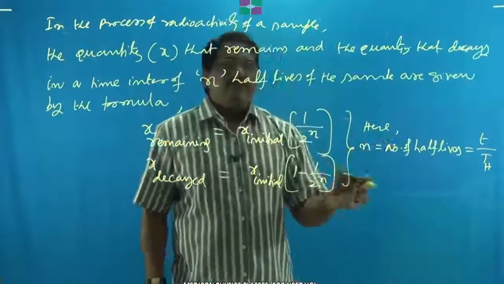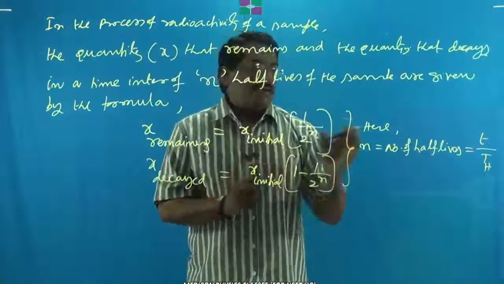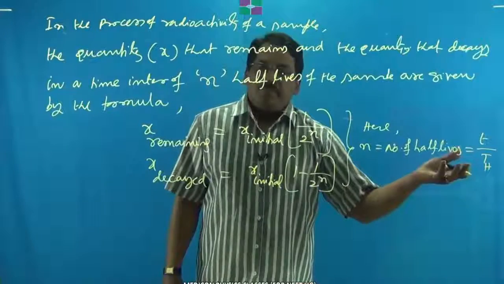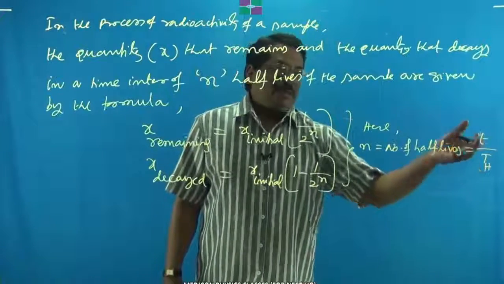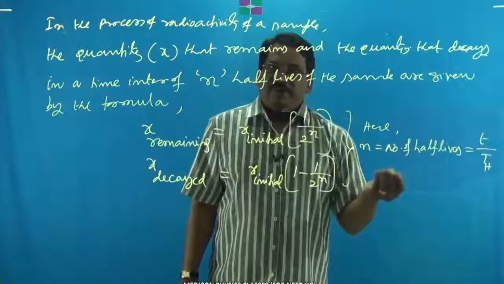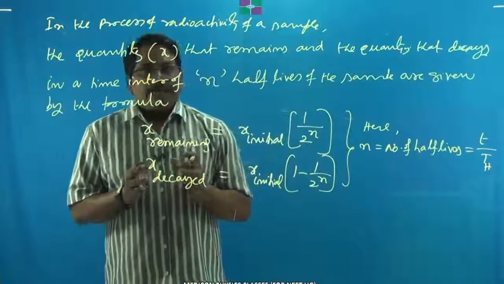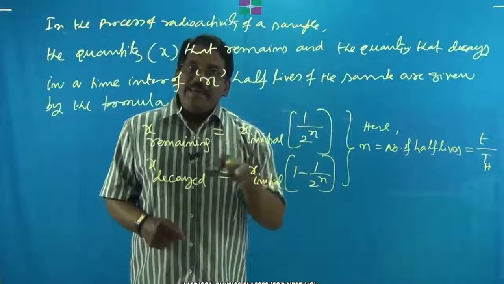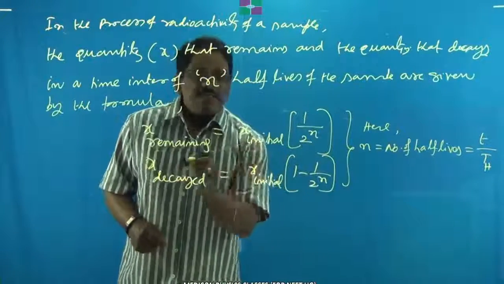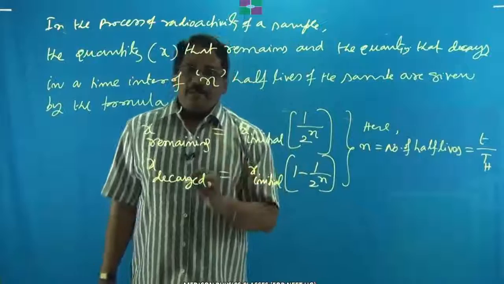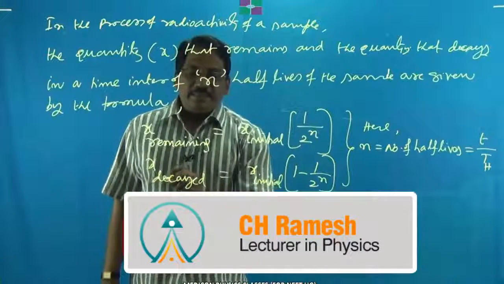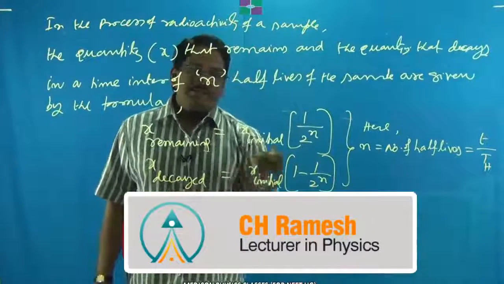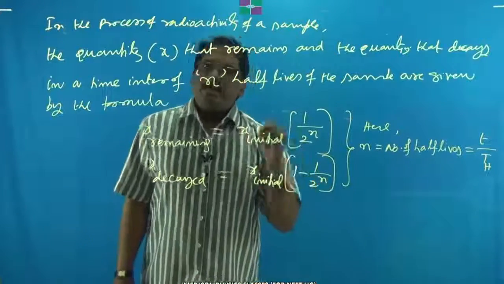So the number of half-lives is the total time divided by the half-life of that sample. In an interval of n half-lives, the fraction that remains, X remaining by X initial, is 1 by 2 power n, and the fraction that decayed, X decayed divided by X initial, is 1 minus 1 by 2 power n.